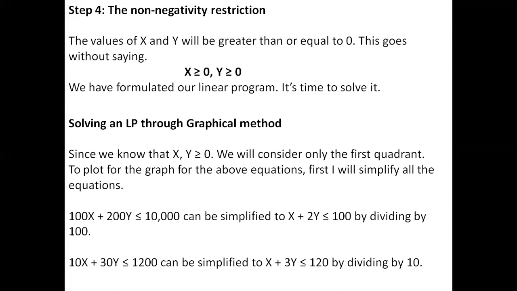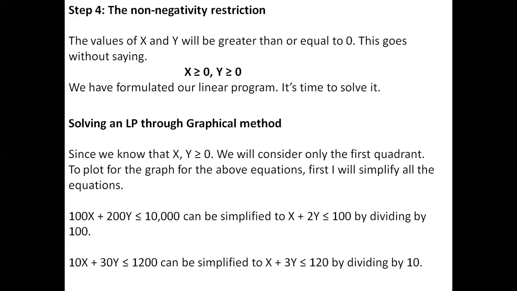Since we know that x, y is greater than 0, we are only considering the first quadrant for plotting the graph. For plotting that graph, we will see how the equations need to be simplified. We have the maximum constraint of 10,000 US dollars as a budget. Hence 100x plus 200y less than or equal to 10,000.